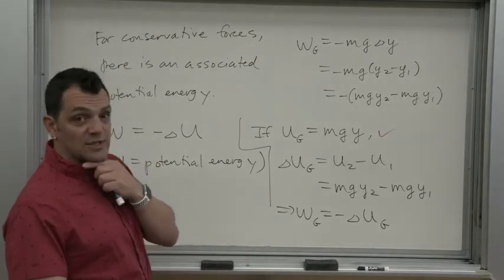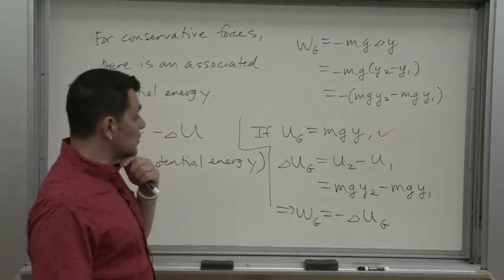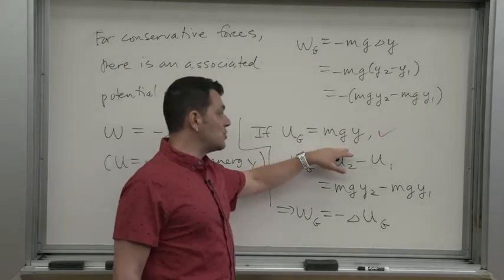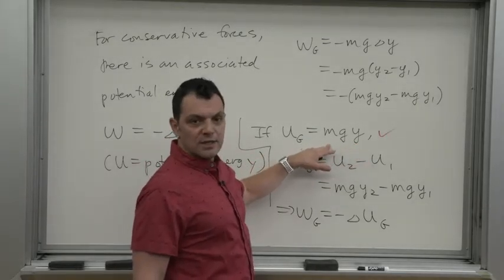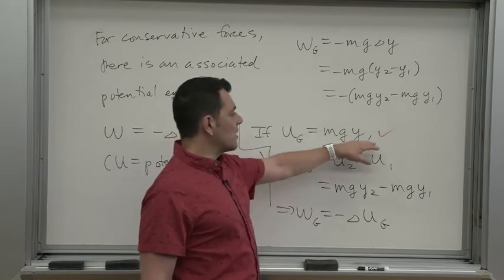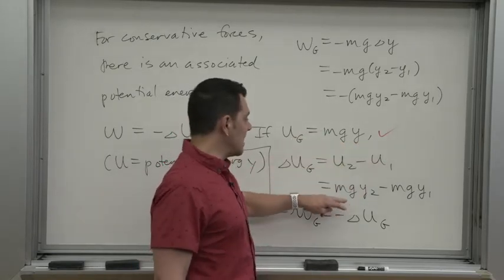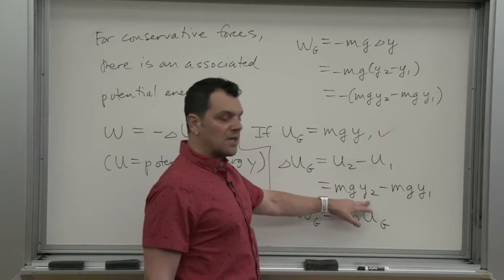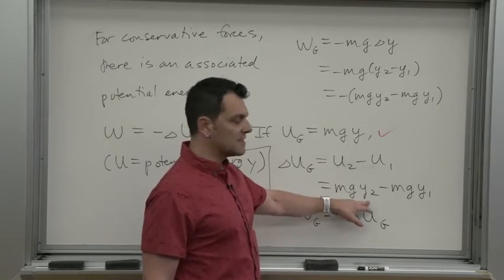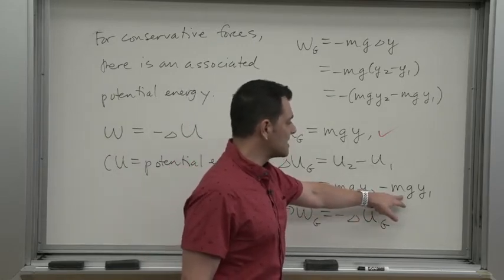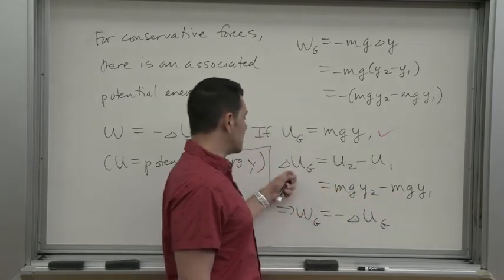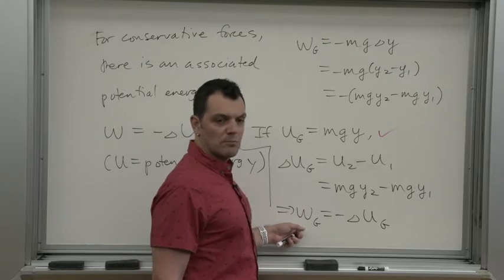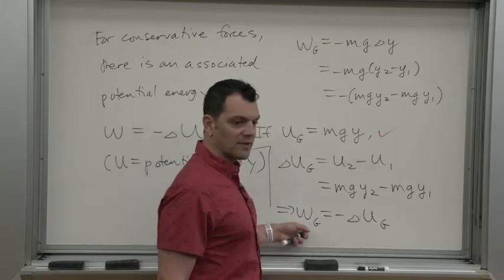Now, this isn't the only answer. In fact, this would also work if I wrote down mgy plus 5 or mgy minus 3, right? mgy plus a constant works because then mgy2 becomes mgy2 plus a constant, and this becomes minus mgy1 minus a constant, and we still get the condition that delta U sub g is minus the work done by gravity.